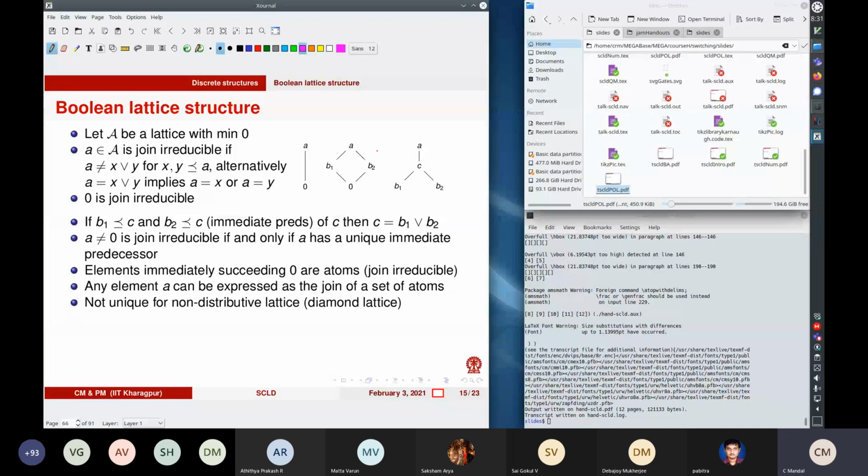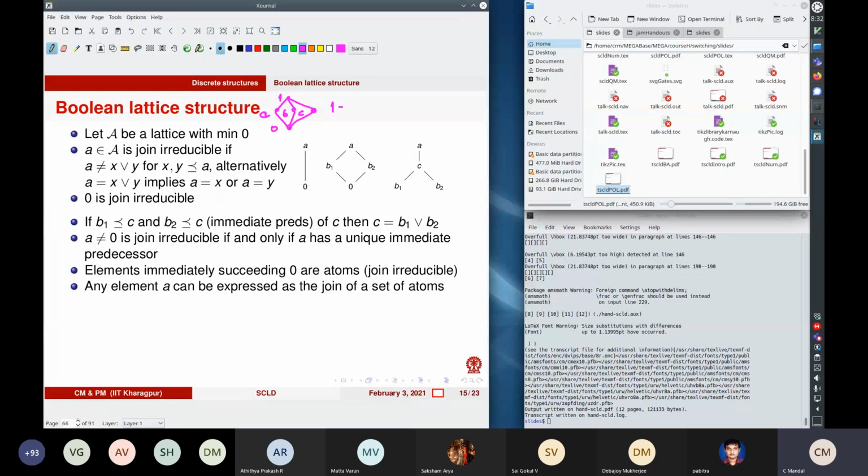Okay. Now, in case of a diamond lattice, you probably remember the structure of a diamond lattice. This is the structure of a diamond lattice. So you can see, this element 1, this element 0.